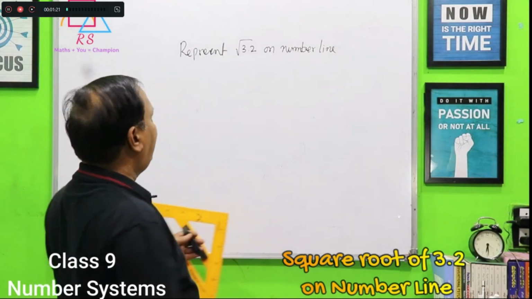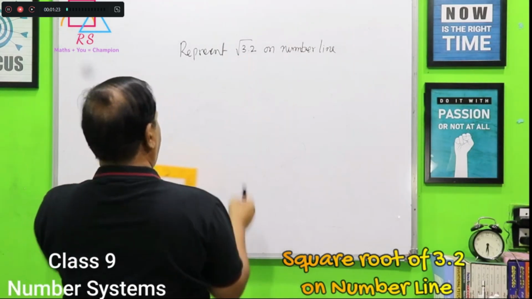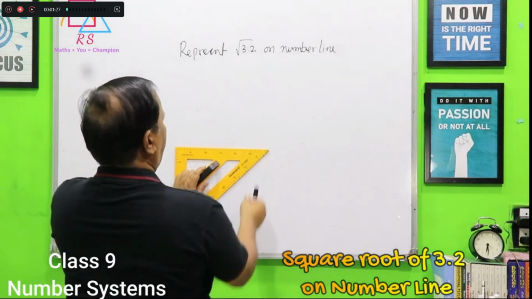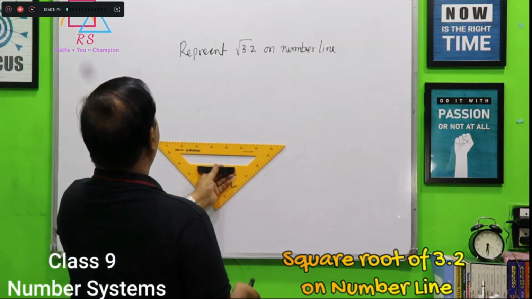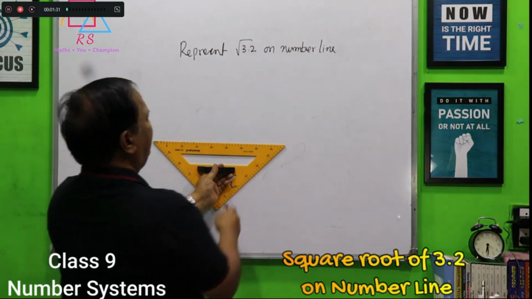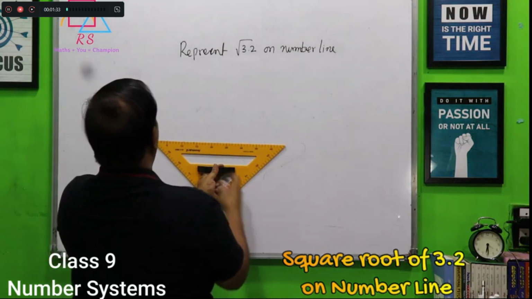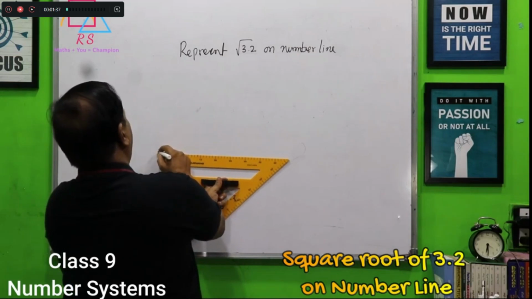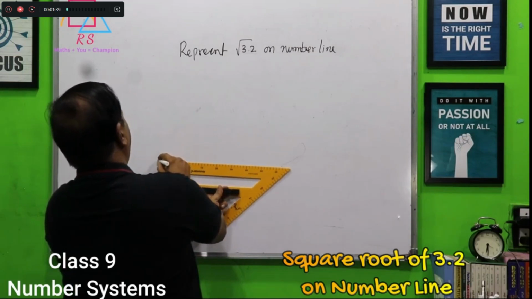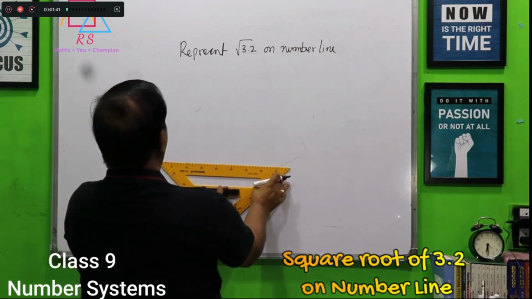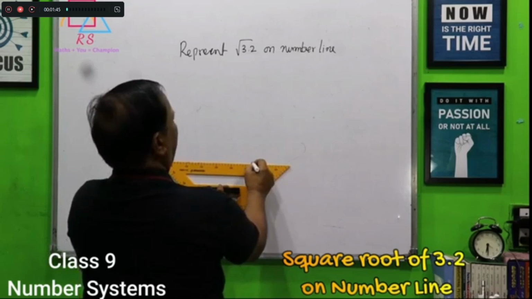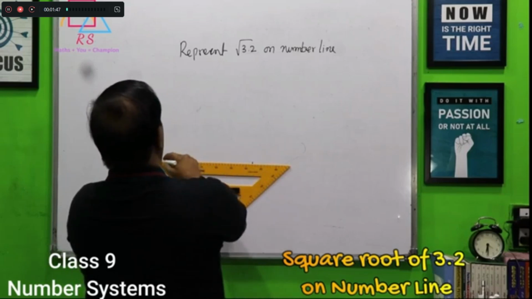First I will draw 3.2. Okay, so 3.2 I will use this. This is my point. I will draw a little down, beginning point, and 3.2.